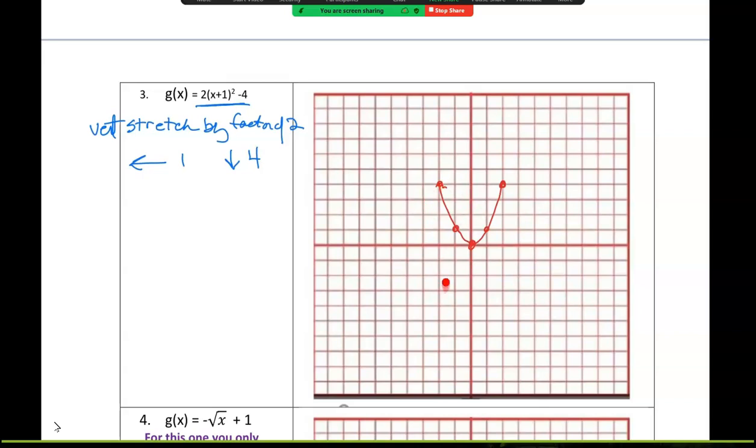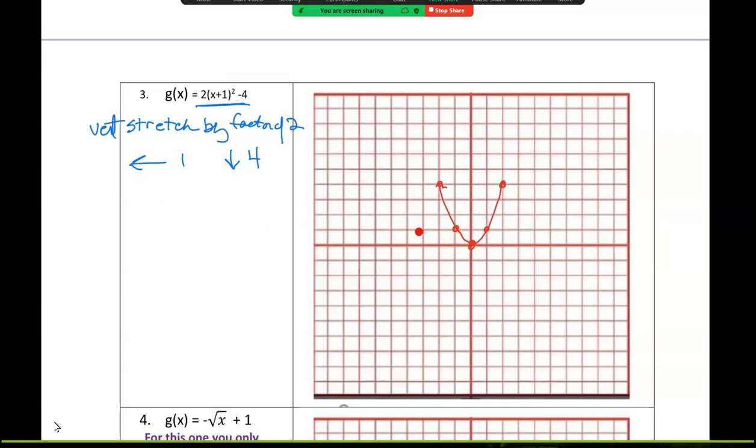And then down 4. So what kind of numbers do you think you want? Let me think about this. So where are you going to be when you graph it? It's going to kind of be here, right? It's not going to be way over here because you're moving it to the left 1.